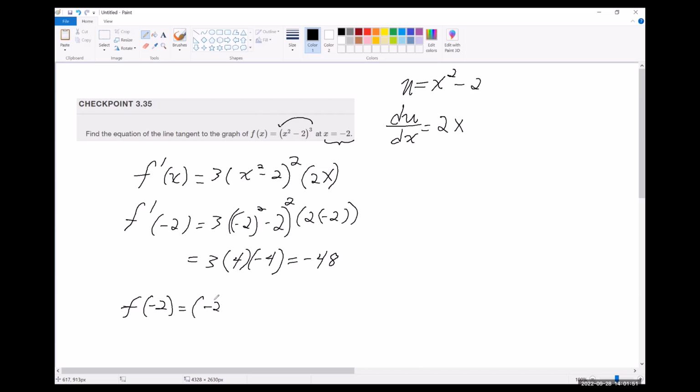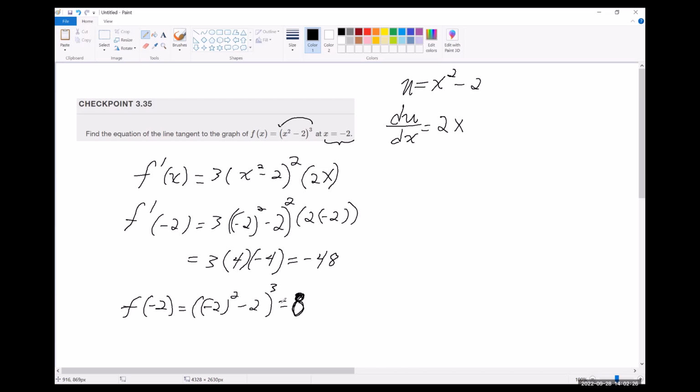So it's -2 squared minus 2. And that's it, right? That's the whole thing. So -2 squared is 4. Wait, I'm missing something. I'm missing the cube. That is not everything. I needed that piece. Okay, -2 squared is 4 minus 2 is 2. 2 to the third power is 8. Okay, so this is 8. I'll just make a big fat 8 there.